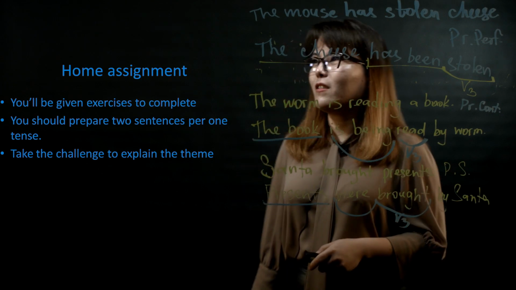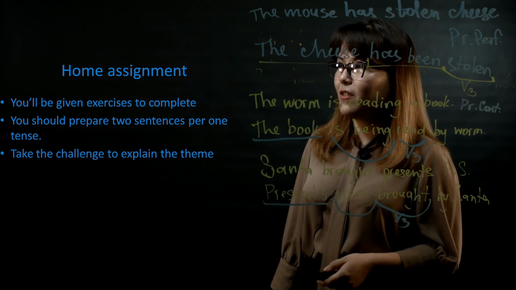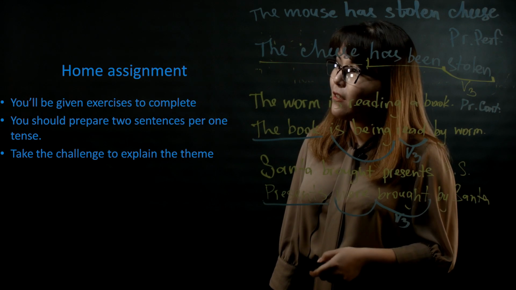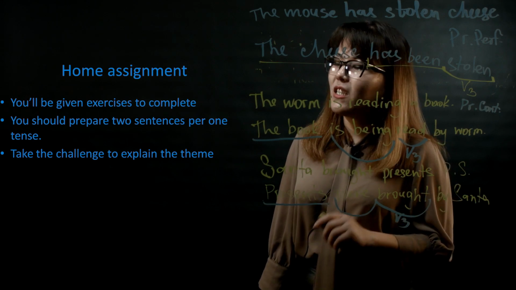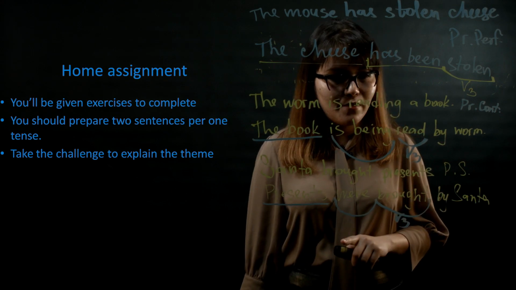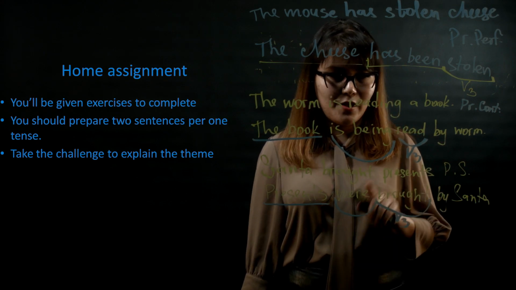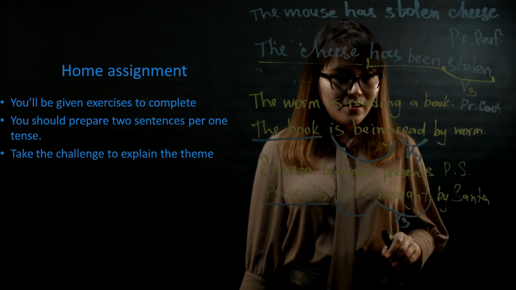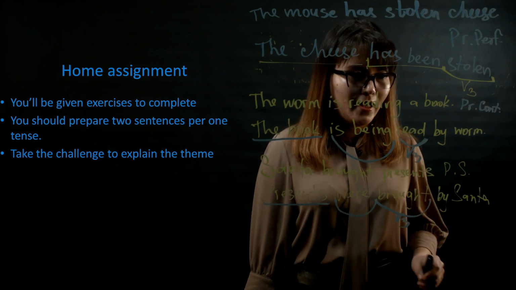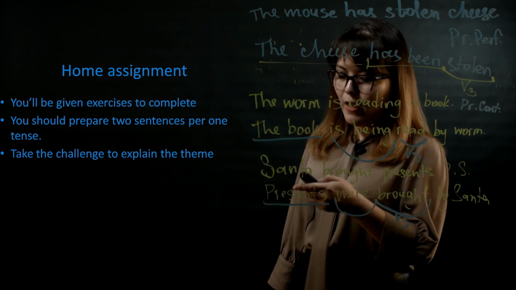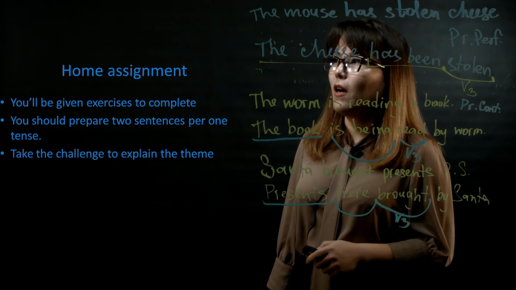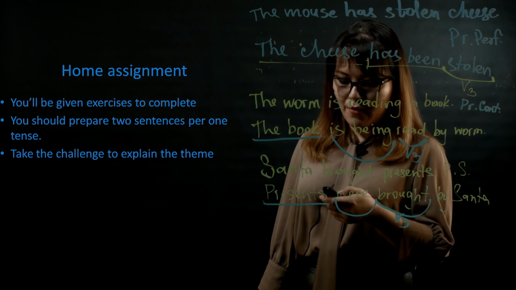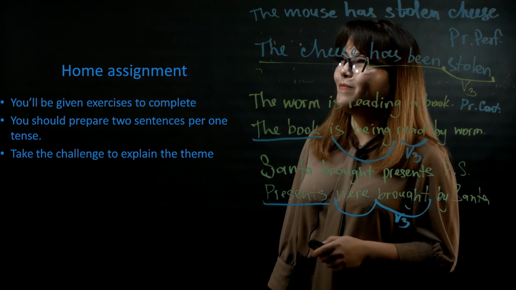I hope that it is very interesting, but don't be afraid of the challenge. You should just pick up 1 tense and then explain it and give some more examples, and I hope that it will be very profitable, both of us.